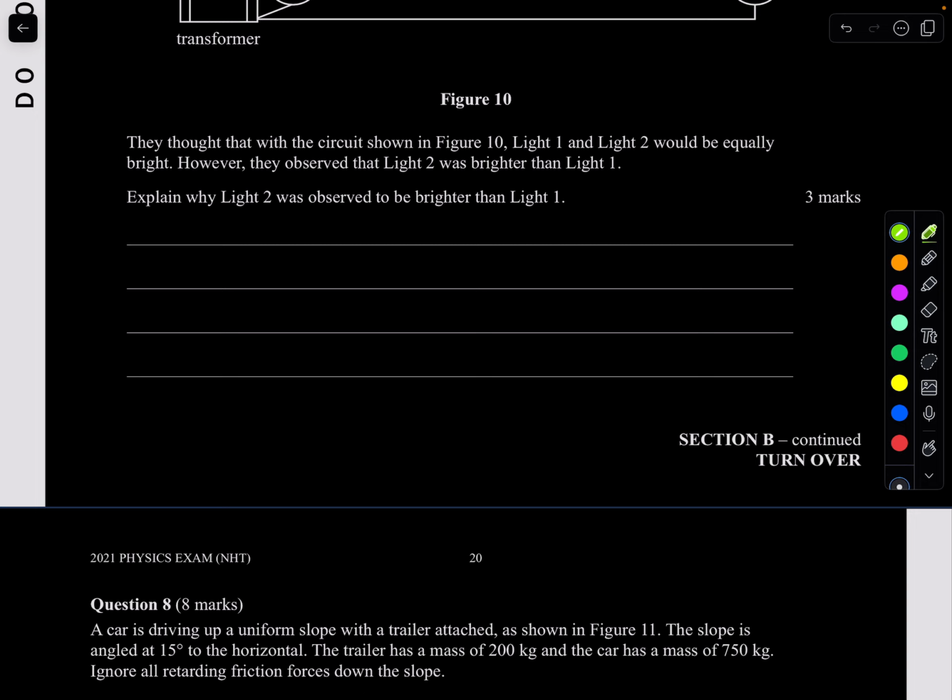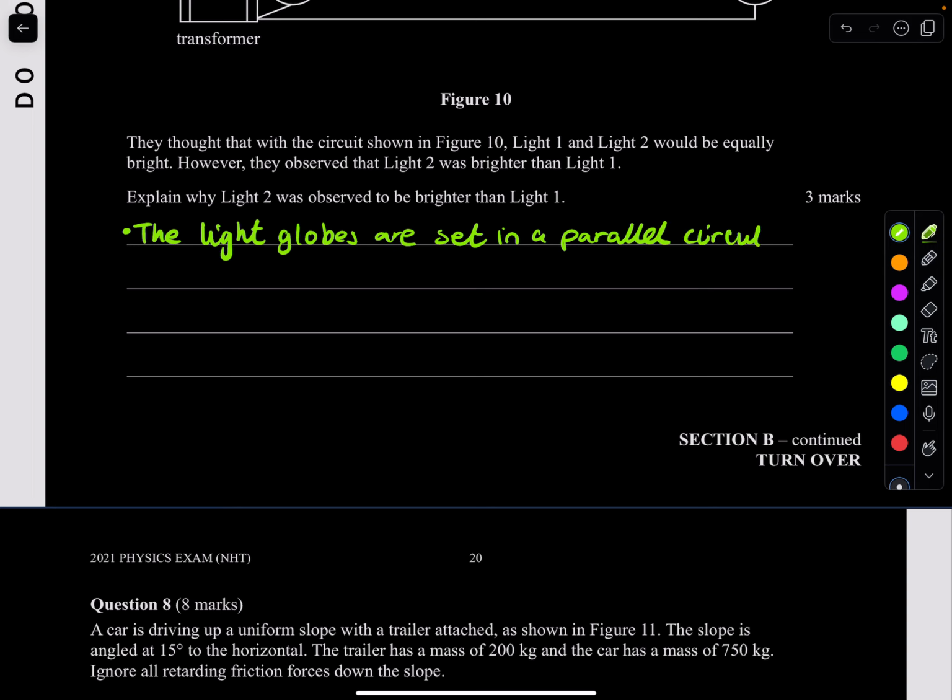What's this, 3 marks? So, what we said: the light globes are set in a parallel circuit. This is, by the way, all the things that I've talked about with circuits, these are Unit 1, physics Unit 1 knowledge.